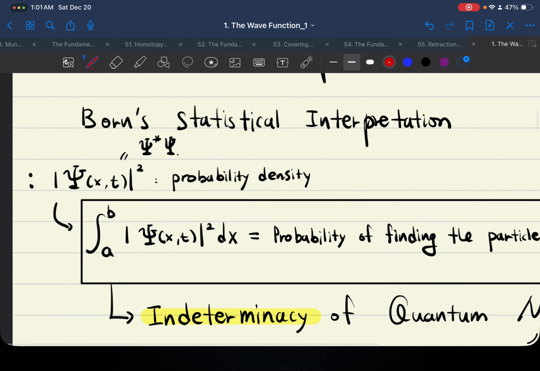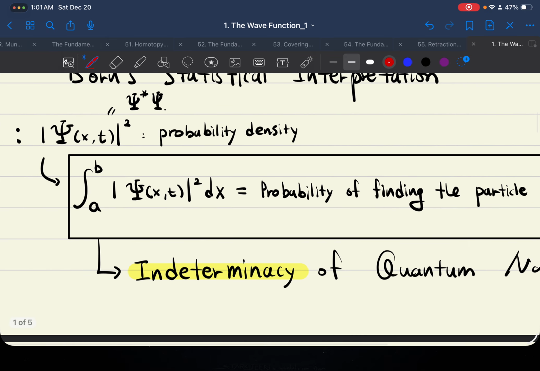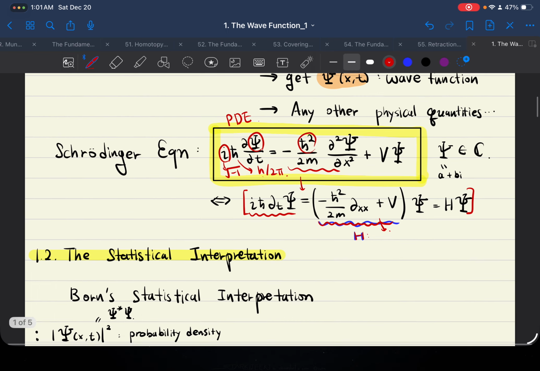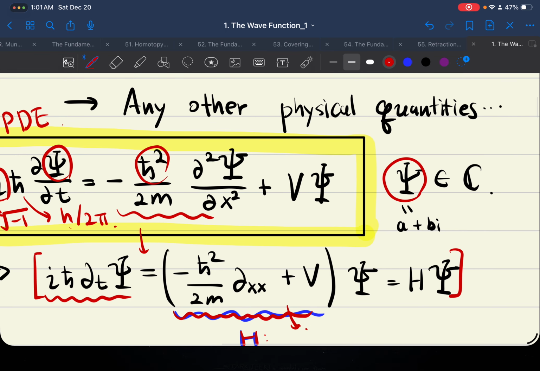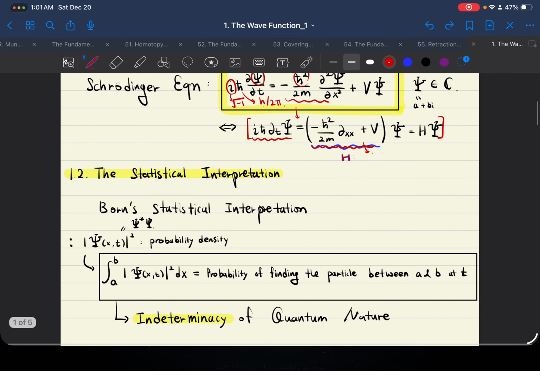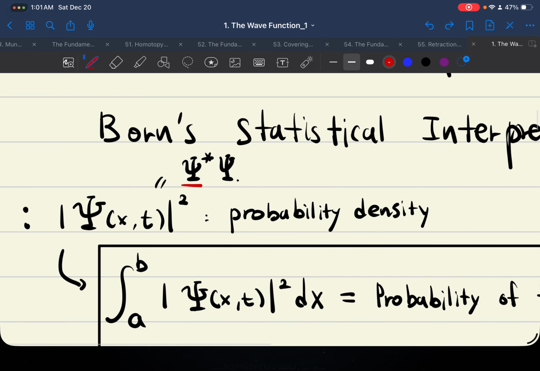When we take the norm of psi, what does it mean? Psi is actually a complex number, so a complex value can be normed by the product of the conjugate of psi and psi.